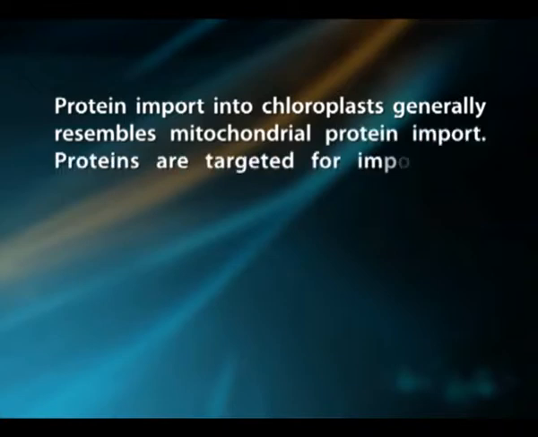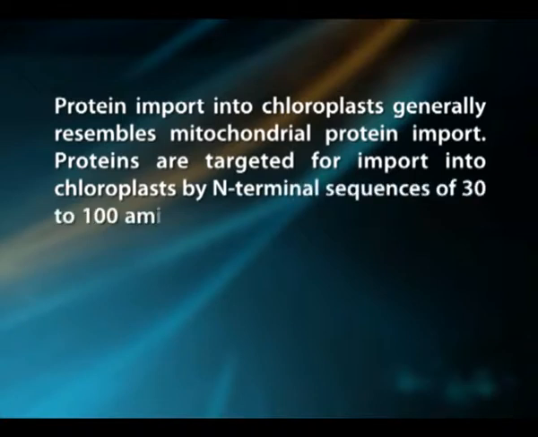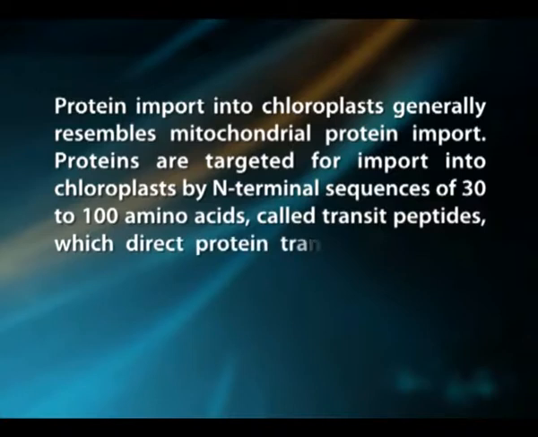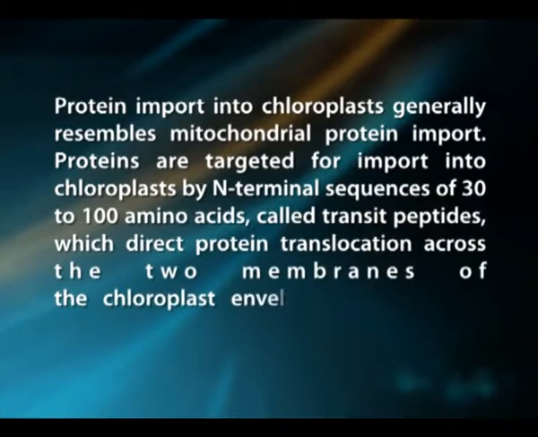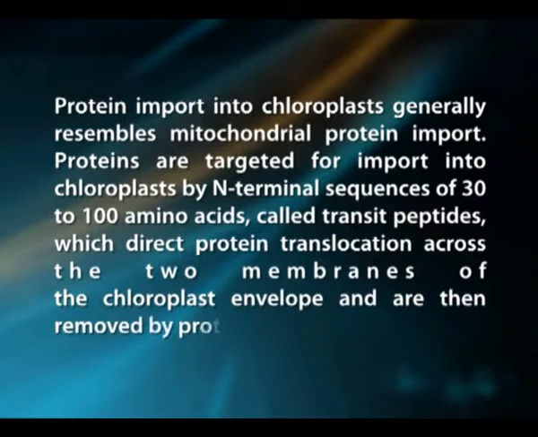Proteins are targeted for import into chloroplasts by N-terminal sequences of 30 to 100 amino acids called transit peptides, which direct protein translocation across the 2 membranes of the chloroplast envelope and are then removed by proteolytic cleavage.